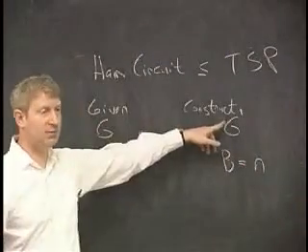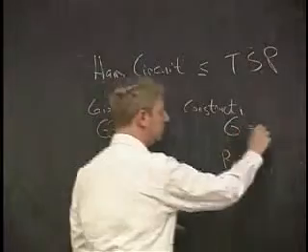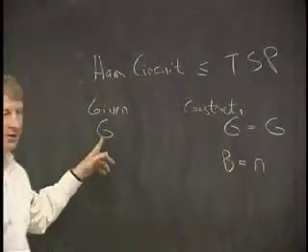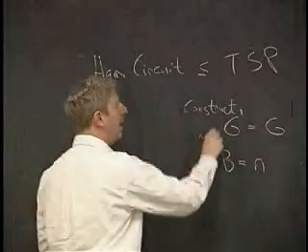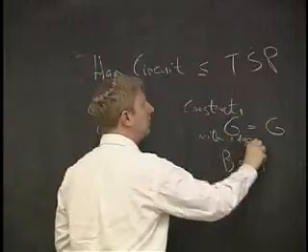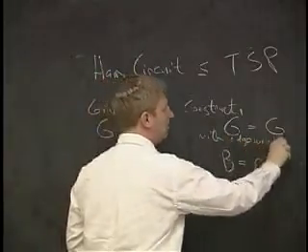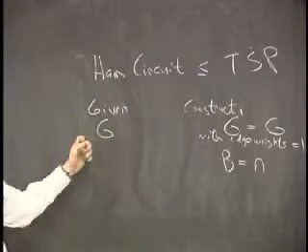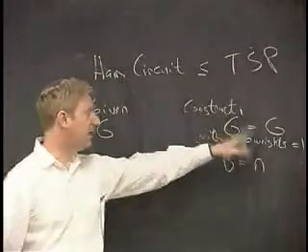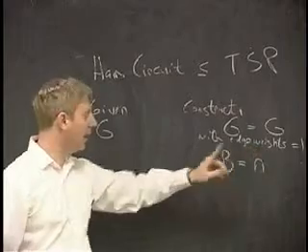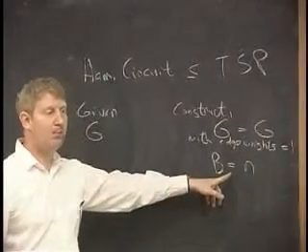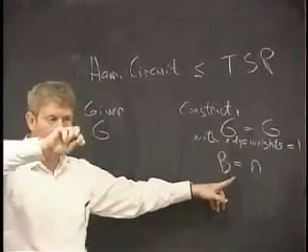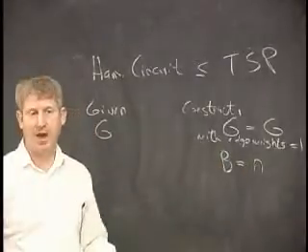And the graph is going to be the same as the graph we started with, with edge weights all equal to 1. That's the reduction. Take the graph, don't do squat with it except put weights on it of size 1, and then try to get a traveling salesman tour of size n.